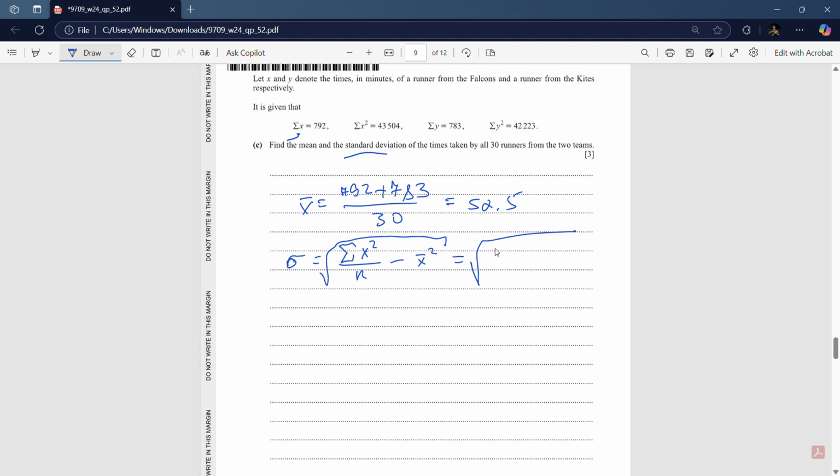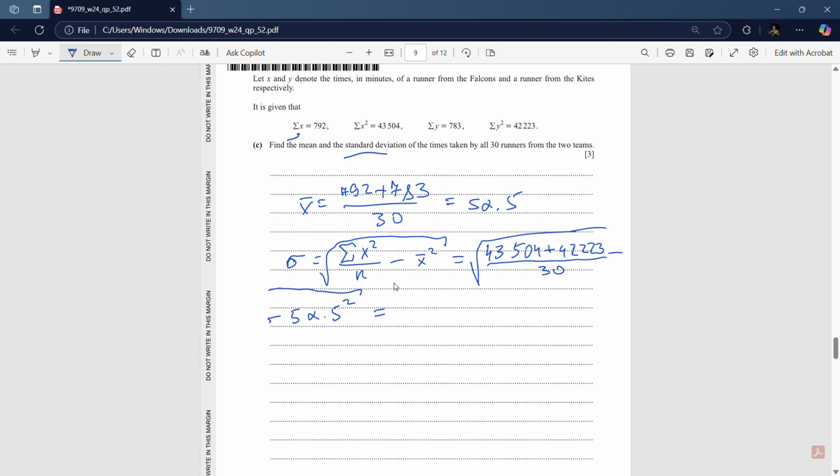Okay, let's write this: the square root of 43,504 plus 42,223 over 30, minus 52.5 squared. Here we have already found our new mean, so we are subtracting it, and here it's the square root.